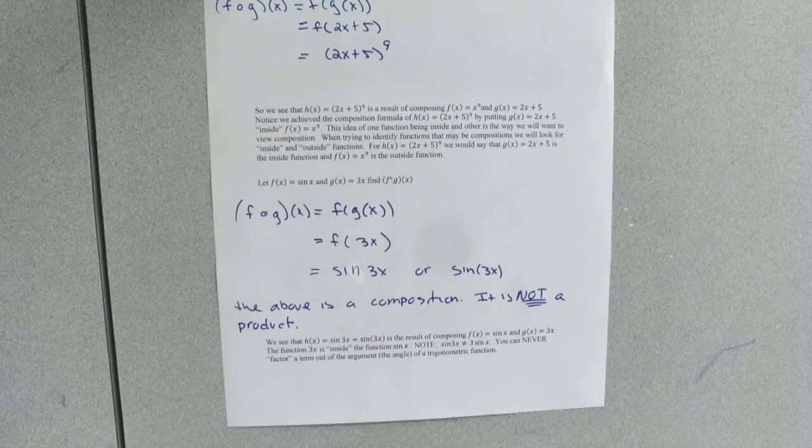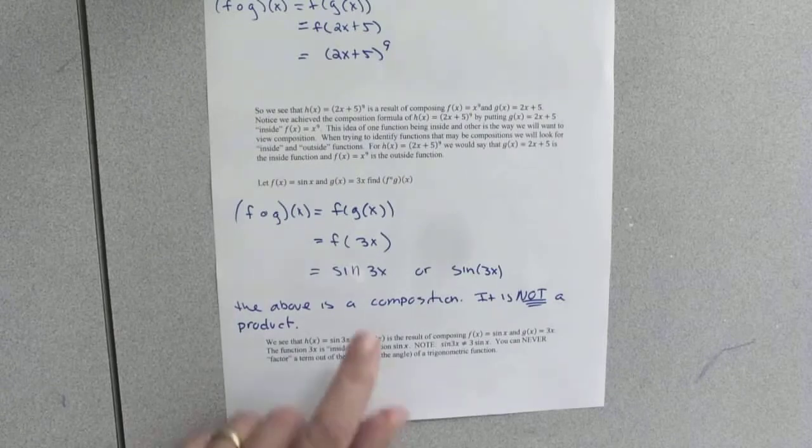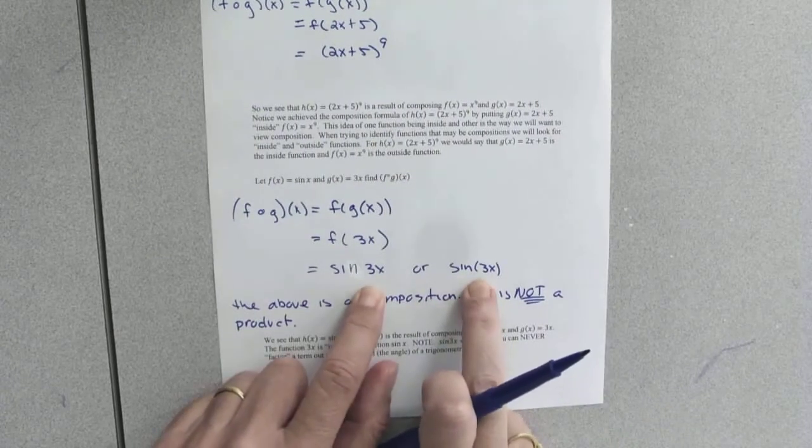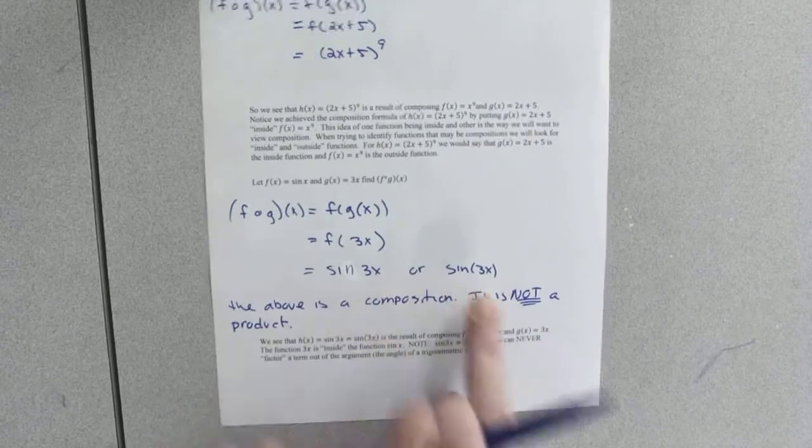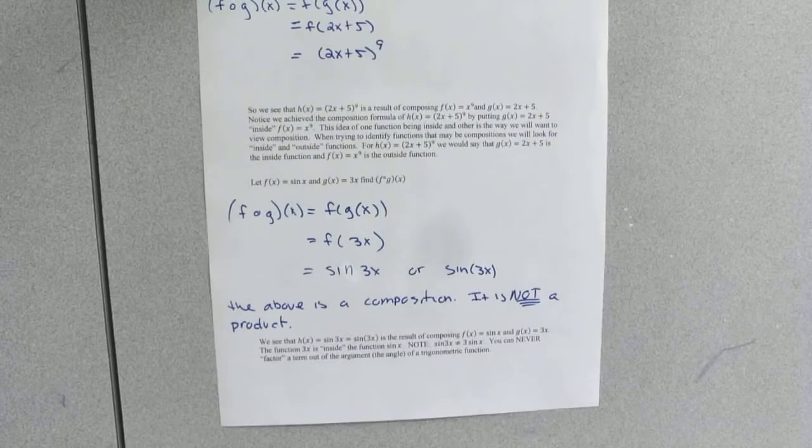A trig function and its argument is never a product. It's never tan times x, cos times x. You can always think of trig functions and their arguments as compositions, with the argument, the angle, being inside the trig function. They are never products. I'll have many students differentiate this as a product, and it is not a product, and you just lose all the points. It's a composition.